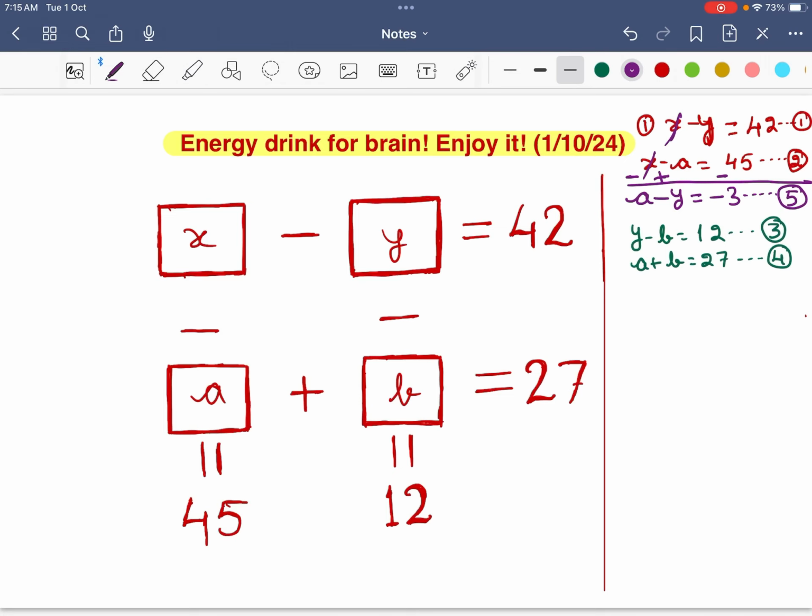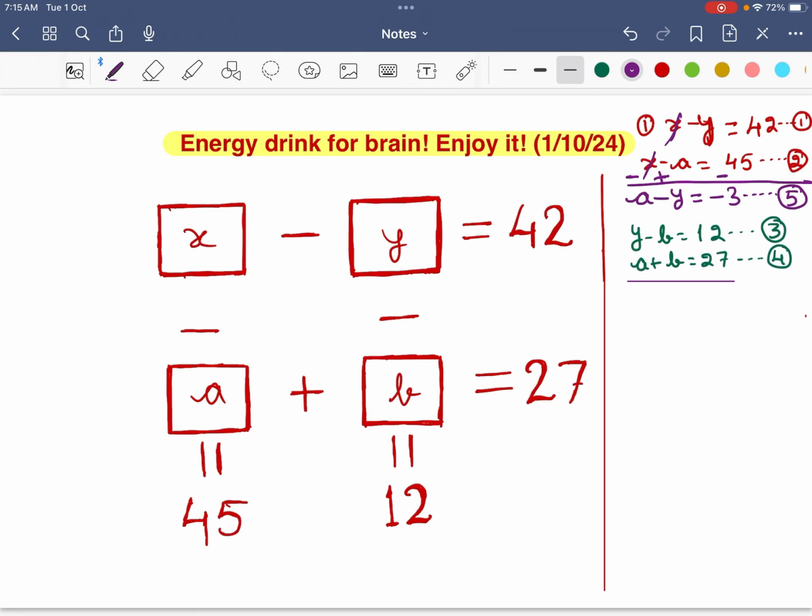right? And now we are getting y minus b is equal to 12 and a plus b is equal to 27, right? Here minus b and plus b is there. So simply if we add these two equations, this b will be cancelled and we will be getting a plus y here, right?